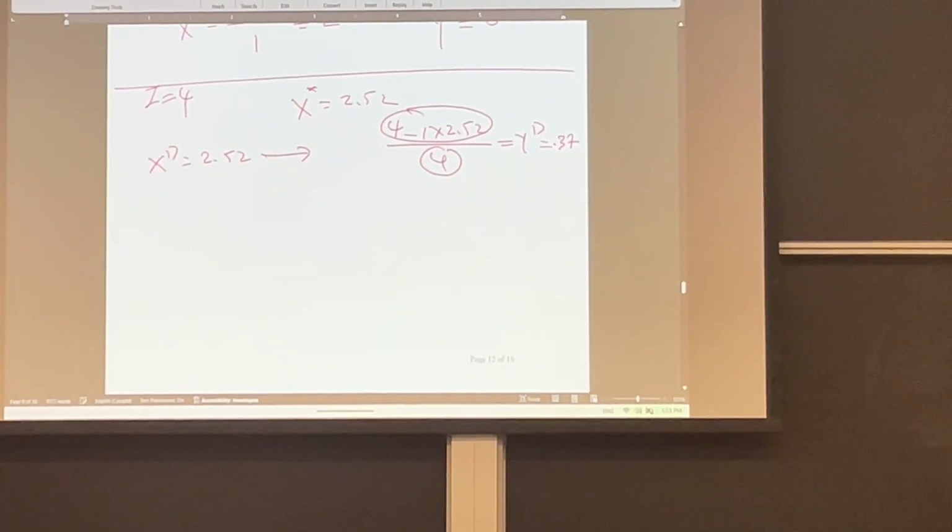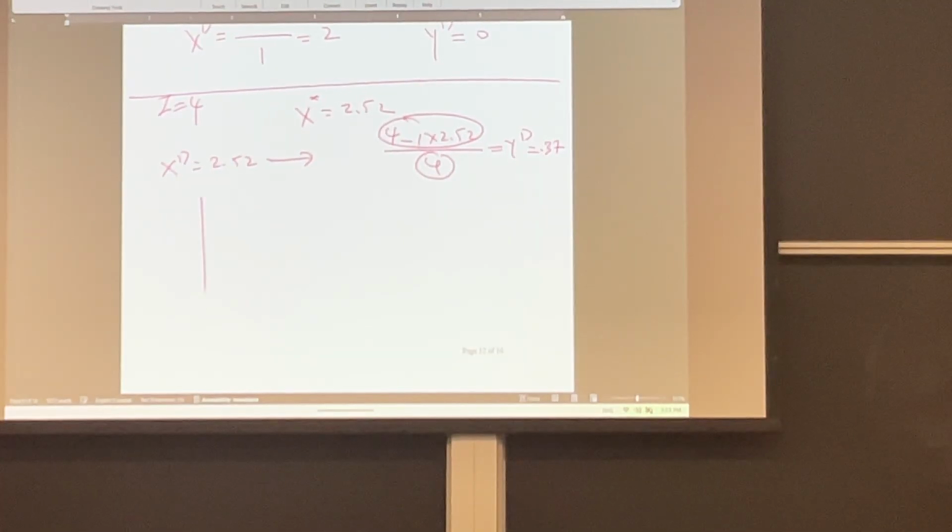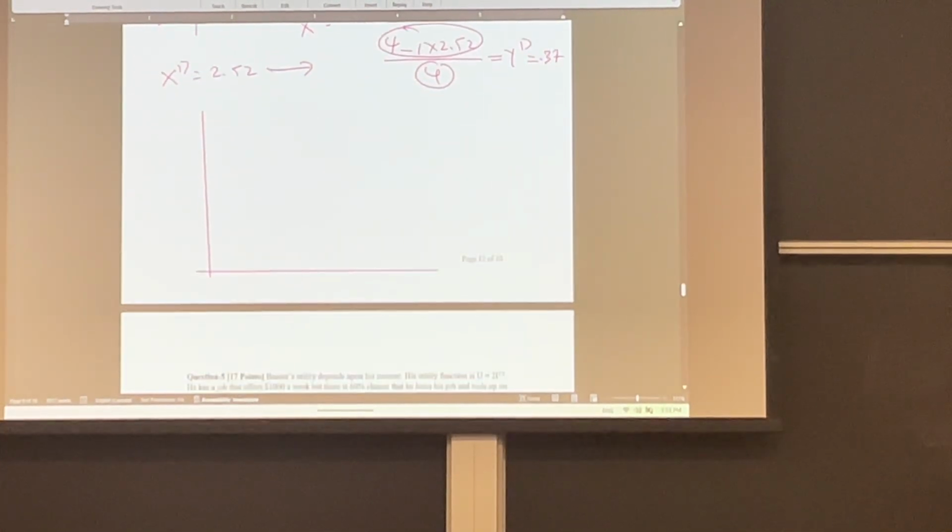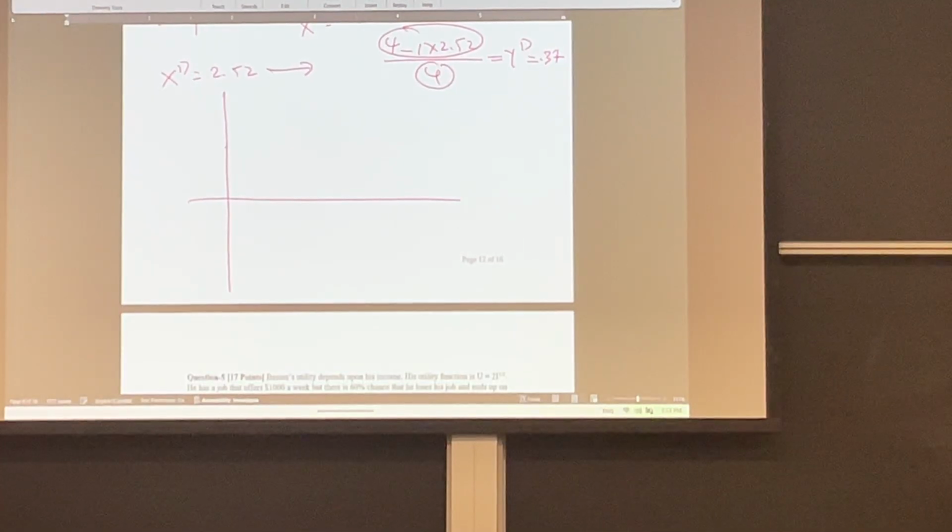Let's graph both of them. I'm going to graph the budget line for Julie. That is 2 divided by 4. That is 2 divided by 1. That's the budget line for Julie, right? She had a tangency in the wrong area because she ended up wanting to buy 2.52.